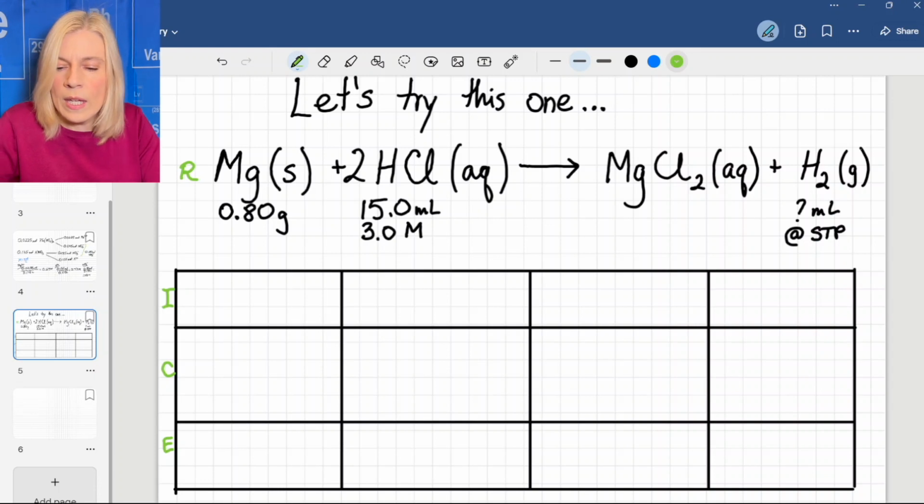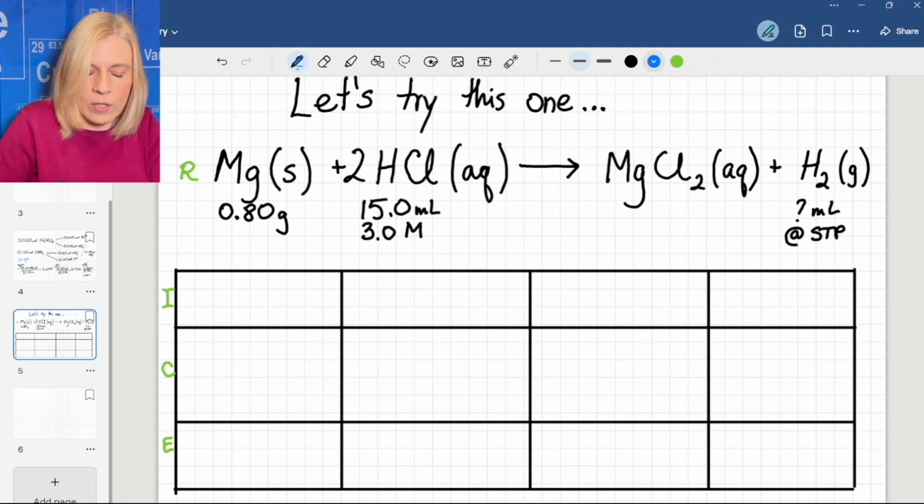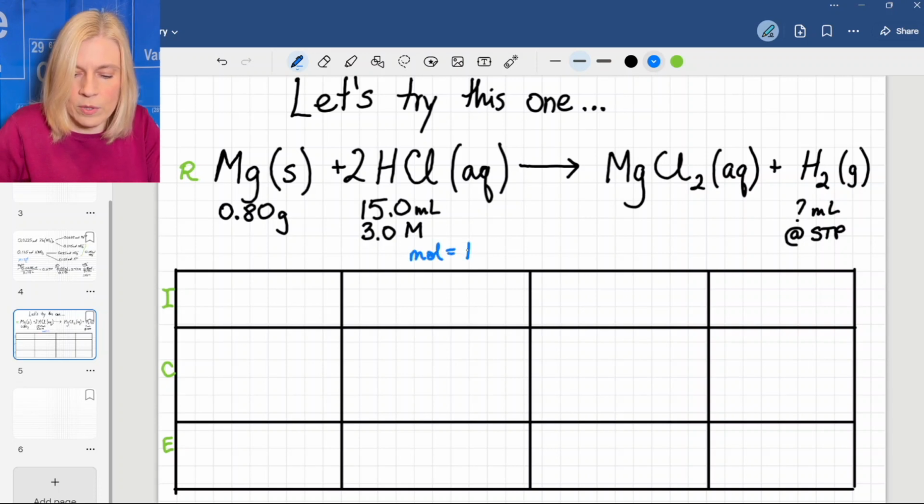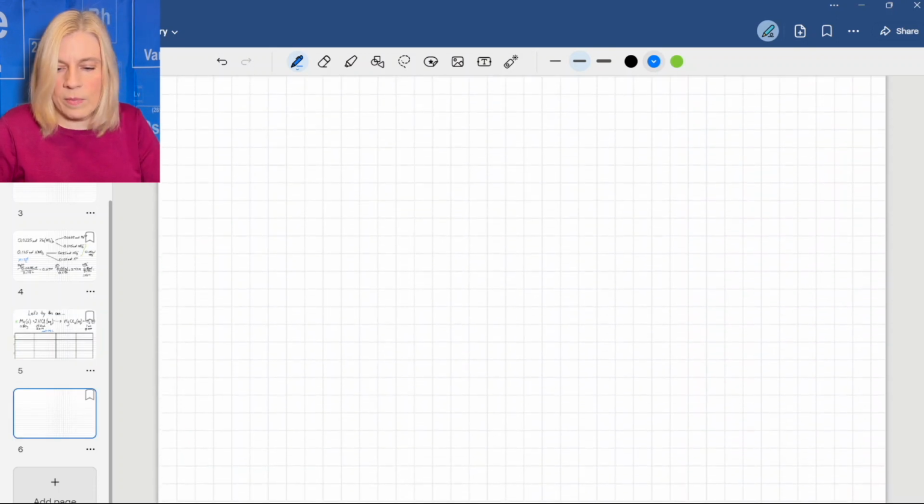We're going to change everything to moles. For magnesium, we will use our molar mass. And for this one, remember, what does moles equal? Moles equals molarity times liters. So let's do some number crunching.